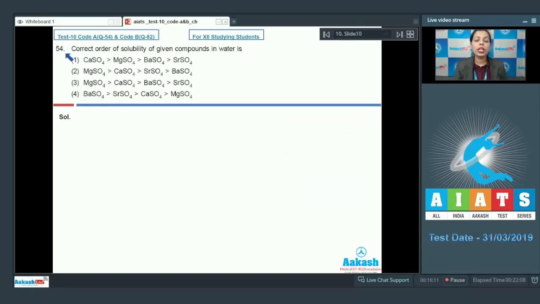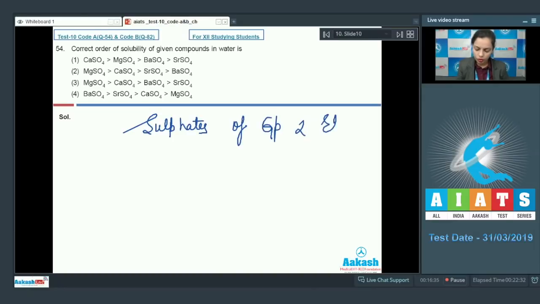Next question. Question number 54. Correct order of solubility of given compounds in water. Just have a look on the given compounds: calcium sulfate, magnesium sulfate, barium sulfate and strontium sulfate. Just recall, these all are the sulfates of group 2 elements, basically alkaline earth metals.